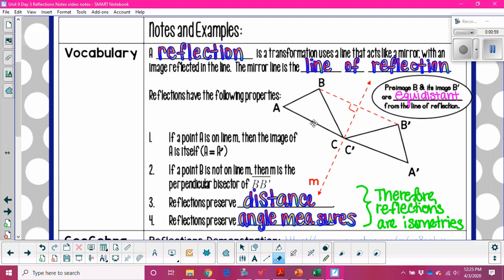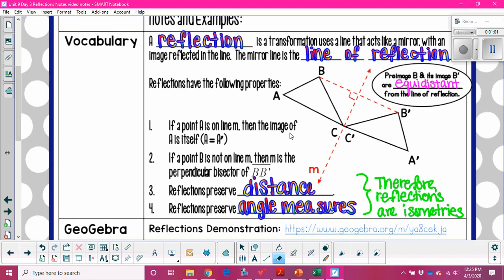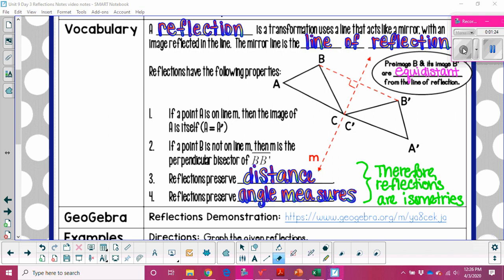If point B is not on line M, then M is the perpendicular bisector of segment B, B prime. So right here, this segment B, B prime, the line of reflection is the perpendicular bisector, meaning that this segment right here is going to be congruent to this segment over here.